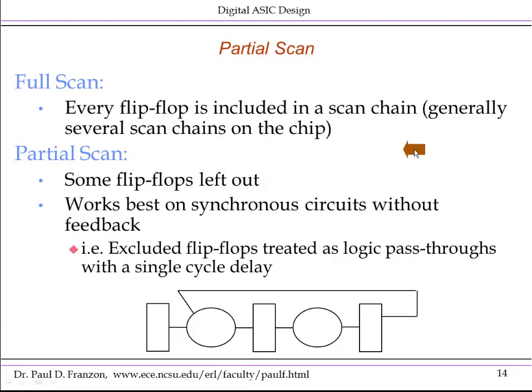So generally, we apply what's called a full scan technique, where each and every flip-flop in the design is connected to a scan chain. However, there are mechanisms by which you can leave some flip-flops out and still get 100% test coverage.